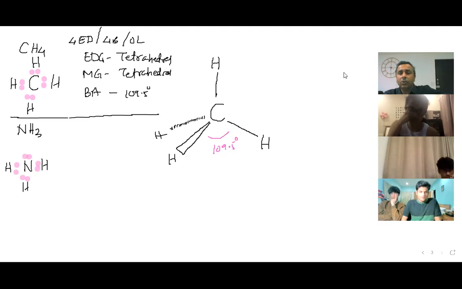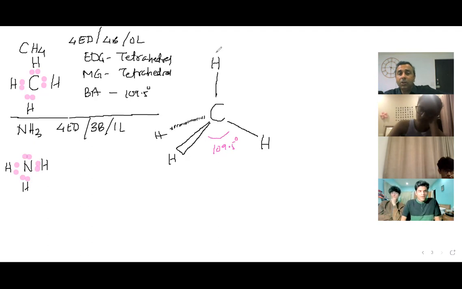So here you can notice that this is also the case of 4 electron domains. 1, 2, 3, and 4. But out of 4, these 3 are bonded. 1, 2, and 3 are bonded. This is not bonded. This is a lone pair. So it's a case of 4 electron domains, 3 bonded, 1 lone.